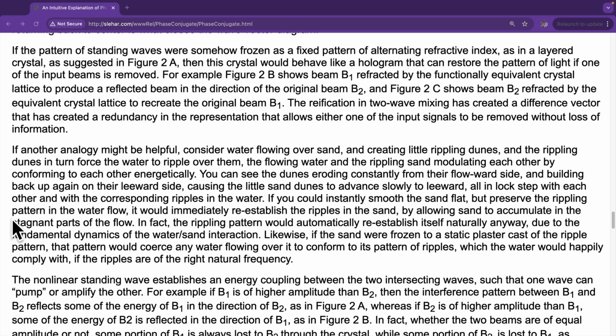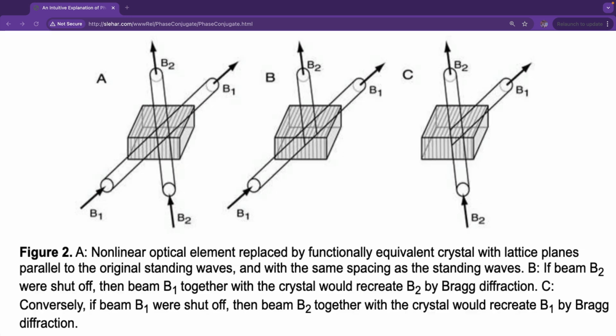If the pattern of standing waves are somehow frozen as a fixed pattern of alternating refractive index, as in a layered crystal, as suggested in Figure 2a, then this crystal would behave like a hologram that can restore the pattern of light if one of the input beams is removed. For example, Figure 2b shows beam B1 refracted by the functionally equivalent crystal lattice to produce a reflected beam in the direction of the original beam B2.